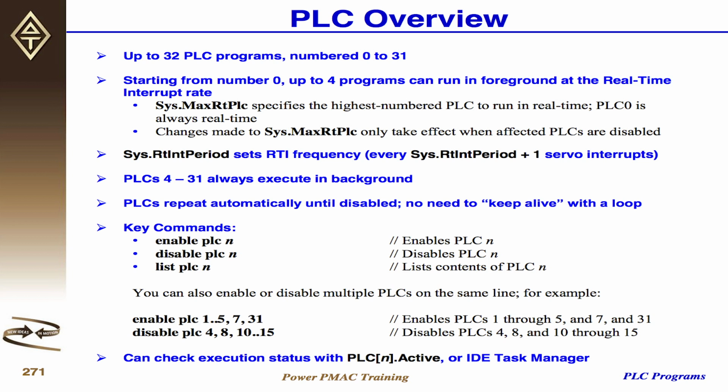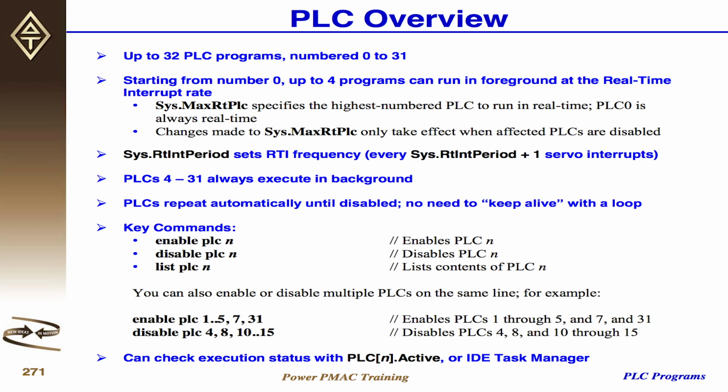Basically, whenever PMAC gets a chance to do background tasks, it will run one PLC, and then the next background cycle it will run the next PLC, and so forth. So first background cycle, PLC 1 will run, next background cycle, PLC 2 will run, and so forth until you reach the last PLC that's enabled, and then it will loop back around.